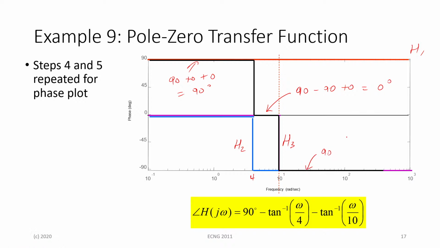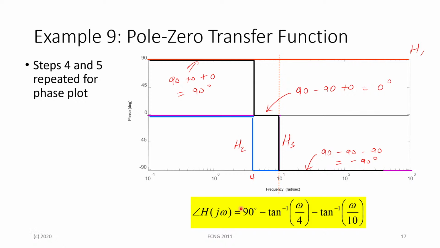That's 90 degrees for H1, minus 90 degrees for H2, and minus 90 degrees for H3, which gives us an overall result of minus 90 degrees. That's how we obtain our overall phase plot for the H of j omega system using the H1, H2, and H3 subsystems with their individual phase plots.